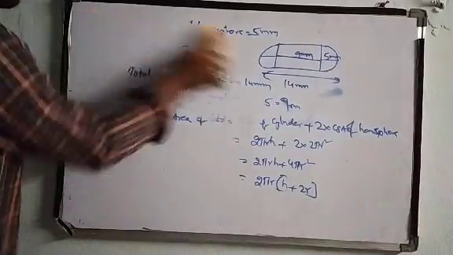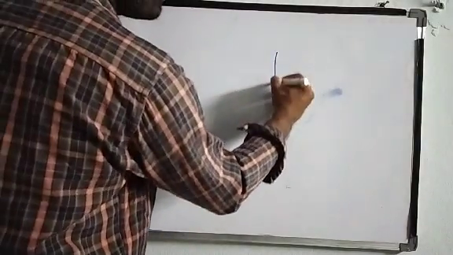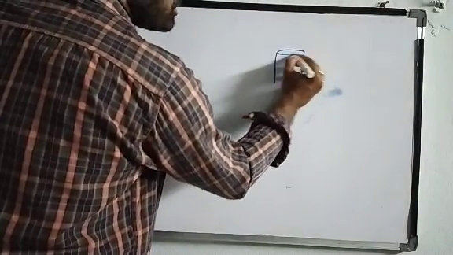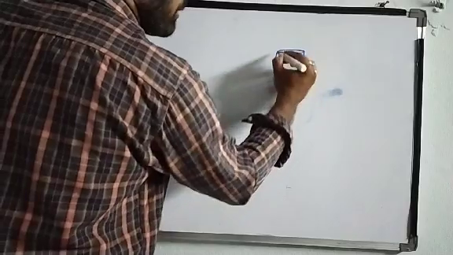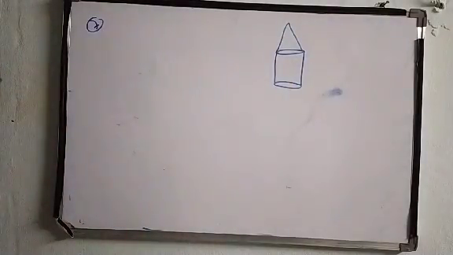Next, the seventh question in the same Exercise 13.1. If you look at the seventh question, there is a tent in the shape of a cylinder surmounted by a conical top. Downside there is a cylindrical shape which is surmounted by a conical top. On the top there is a cone.